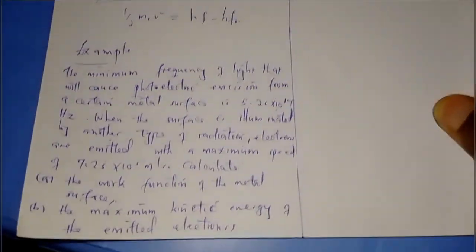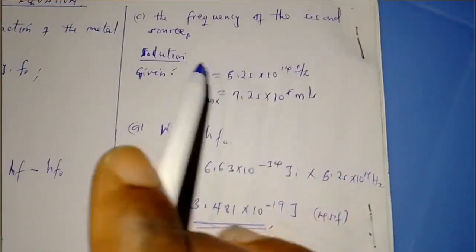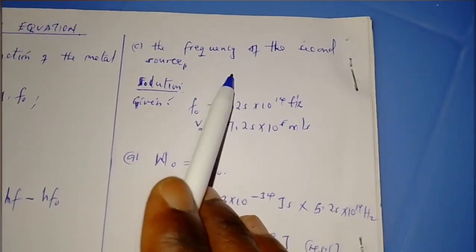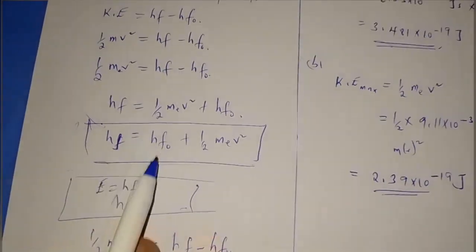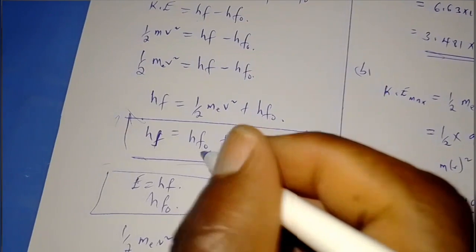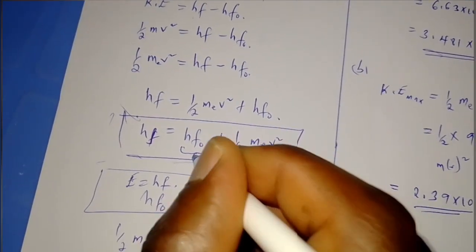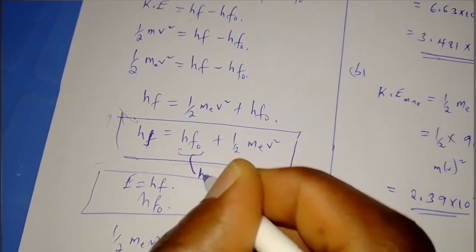Number C of the question is asking us to calculate the frequency of the second source. Now this frequency F, I've said the whole of this term gives us the work function.